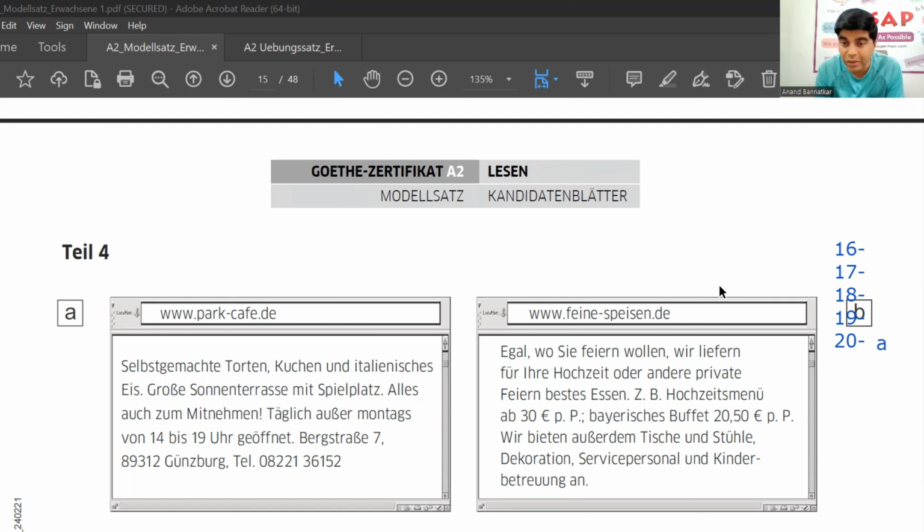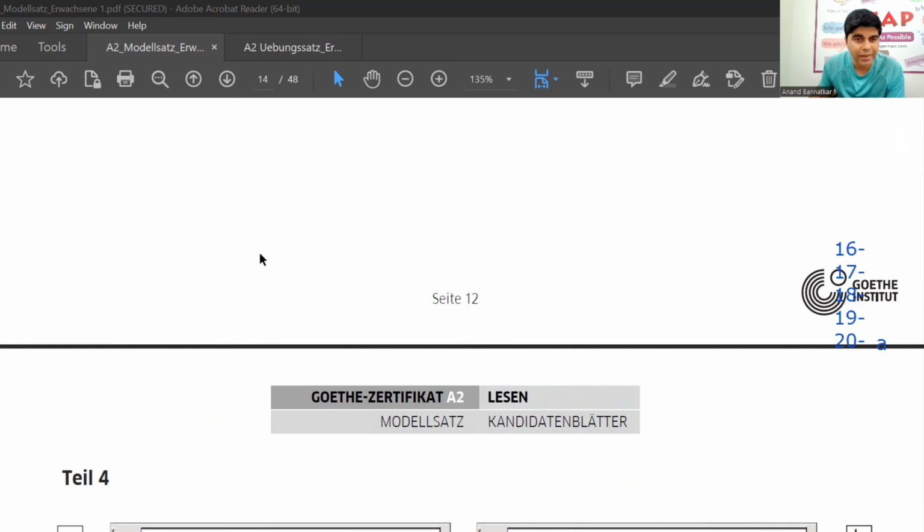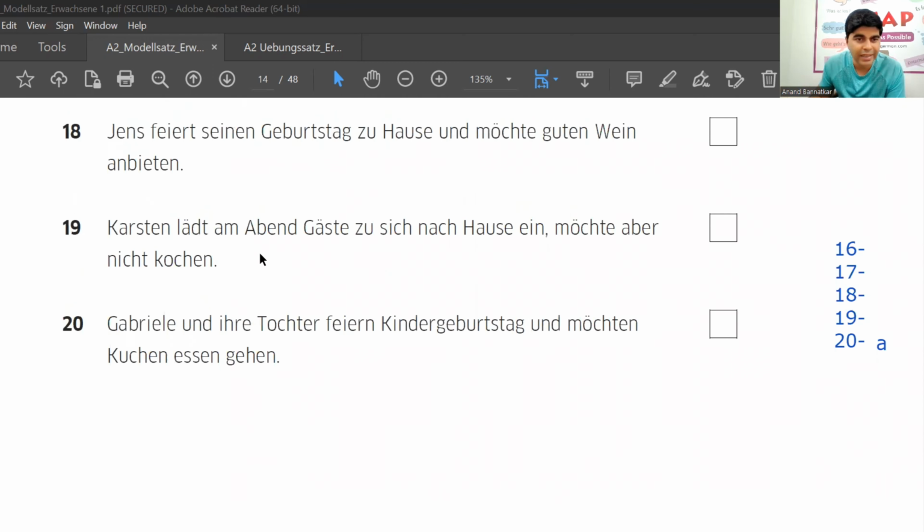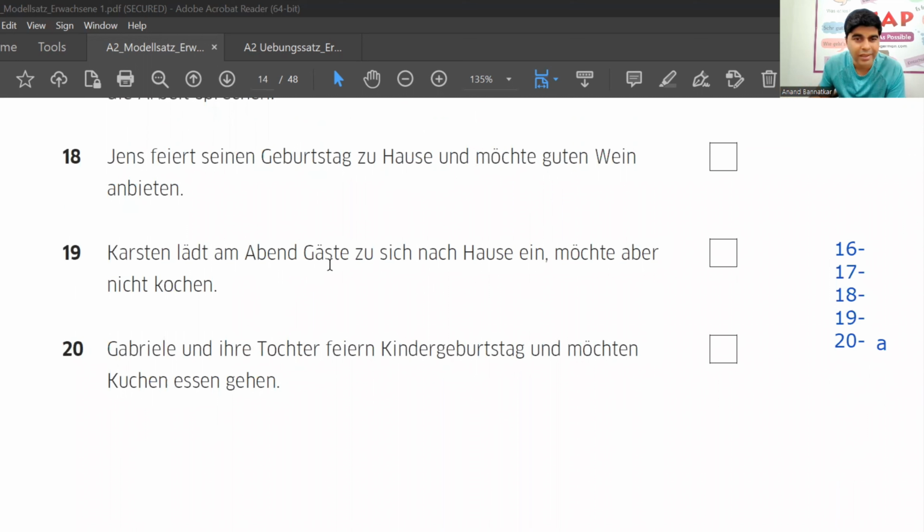Für ihre Hochzeit oder andere Privatfeiern bestes Essen. So this restaurant delivers food for your marriage or any other private celebration. We have someone who wants to get food delivered, right? Who is that? 19 number, Carsten lädt Gäste zu sich nach Hause ein, möchte aber nicht kochen. So 19 number, she doesn't want to cook, she wants food to be delivered.